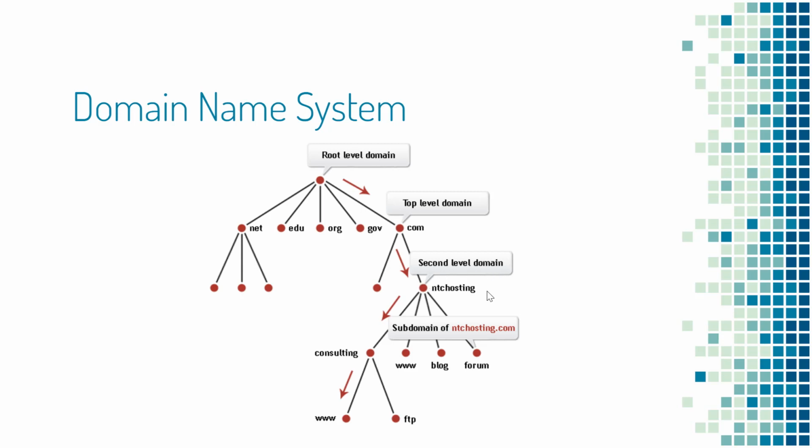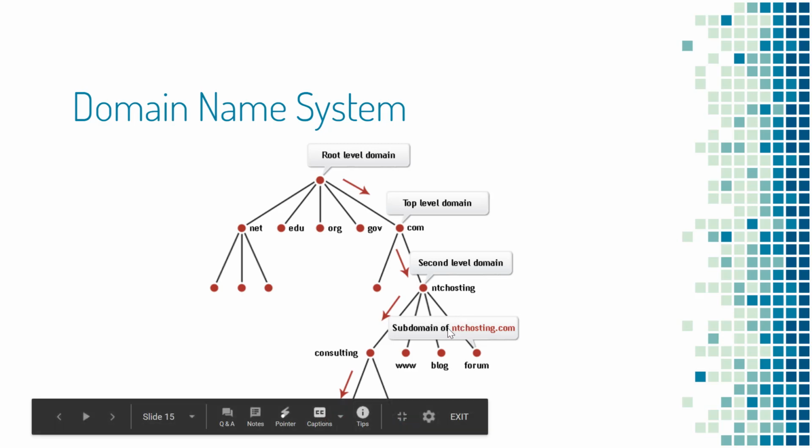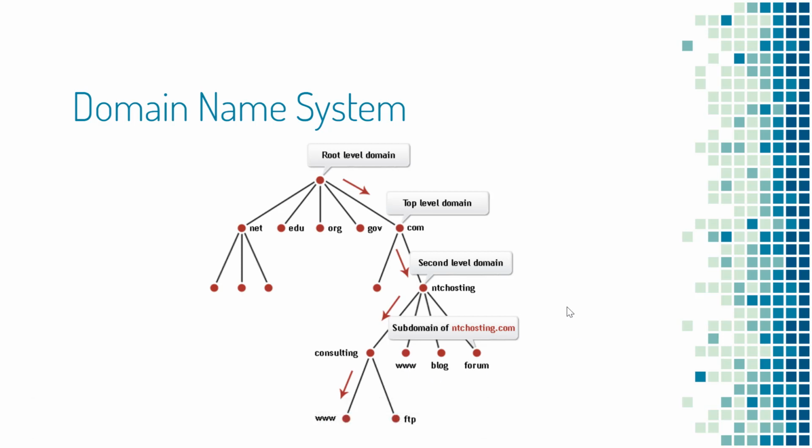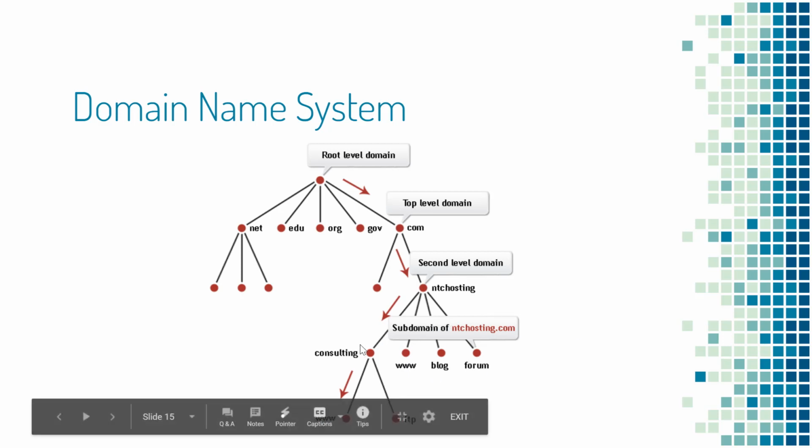Here, UNCC is the second level domain. So the subdomain, one of them is www. This is what we call a subdomain. And we might have more than one subdomain. This is the hierarchy of the domain name system.